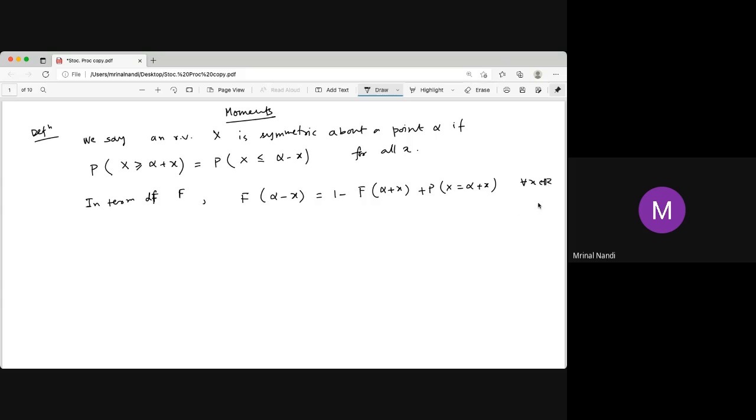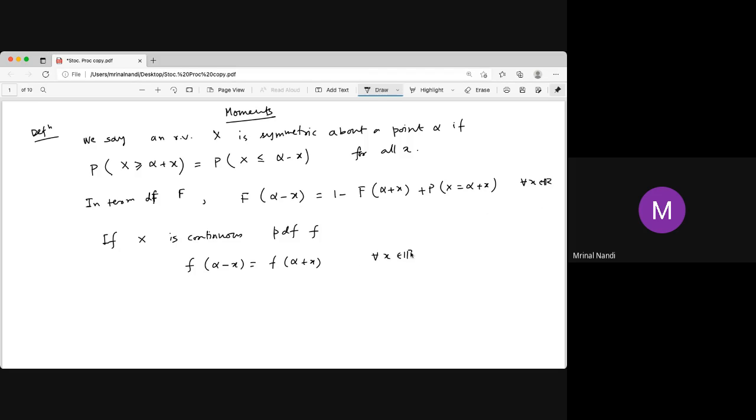Now this is called symmetric, and this point is called the center of symmetry. In particular, if it is of continuous type, with a PDF f, then f of alpha minus x is equal to f of alpha plus x for all x.